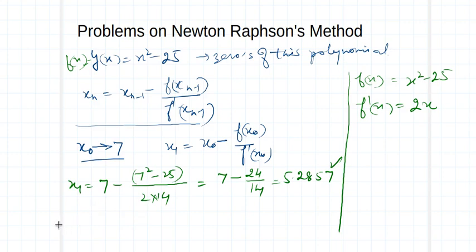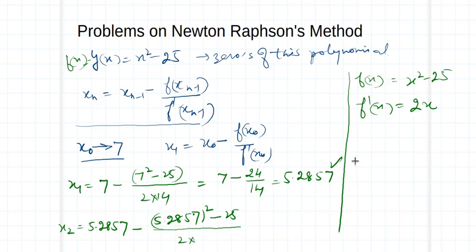So what will x2 be? x2 will be 5.2857 minus 5.2857 square minus 25, divided by 2 into 5.2857.